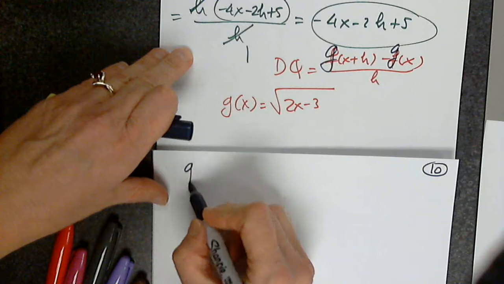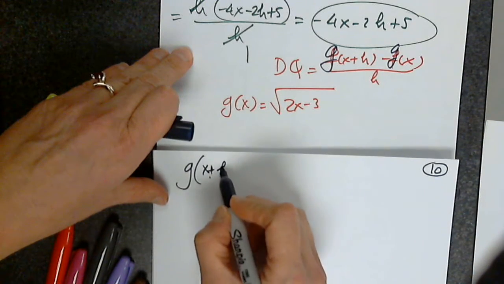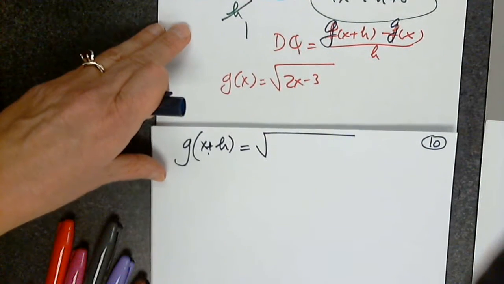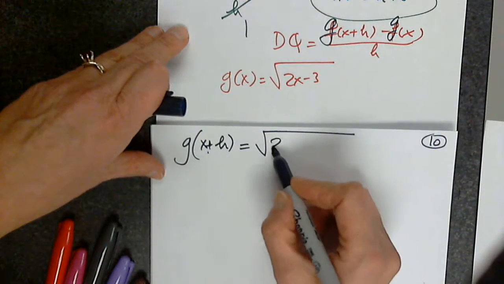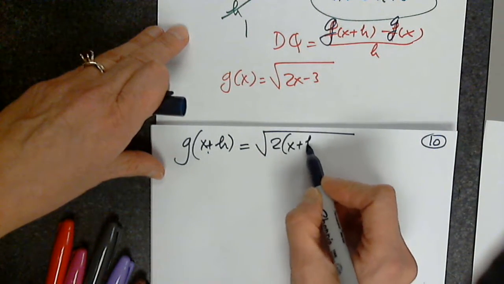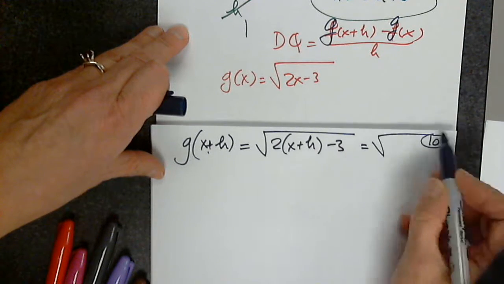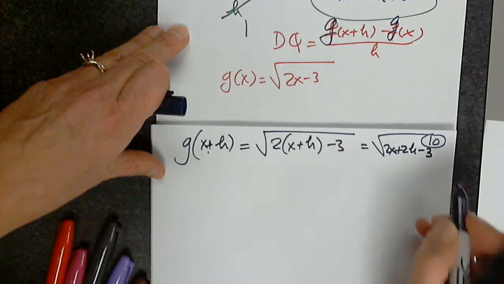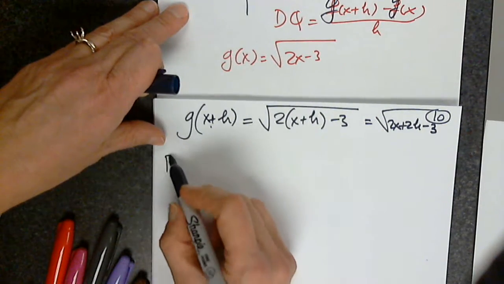Very good. So let's find g of x plus h. Can anyone dictate? Okay. And then minus 3. Very good. So now the difference quotient.